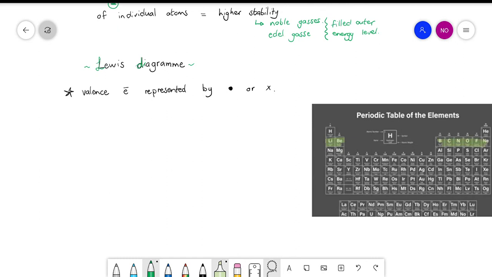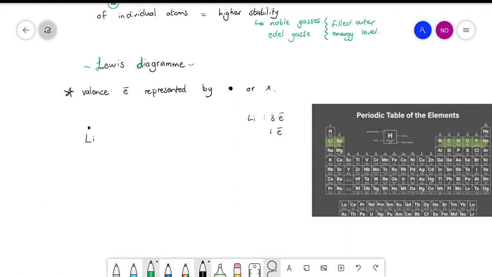Onthou, as ons kyk byvoorbeeld na lithium, weet ons hy het 3 elektrone, maar net een van hulle is 'n valens elektron. So then if you want to represent lithium, you're going to make Li and a dot. Jy mag die kolletjie hier langsom ook maak, dit maak nie saakie, as long as you represent that it has 1 electron in its outer energy level.